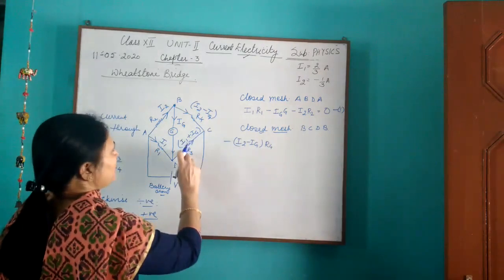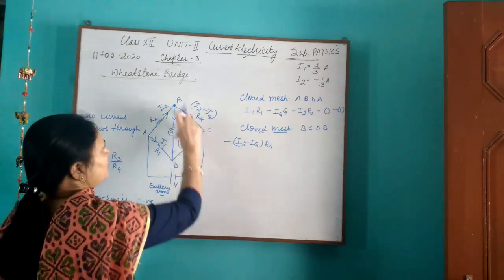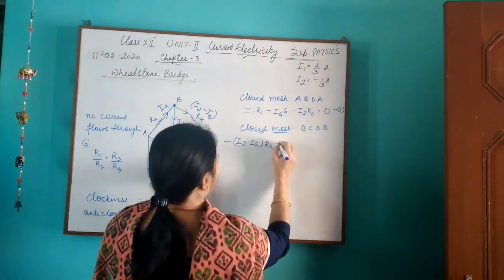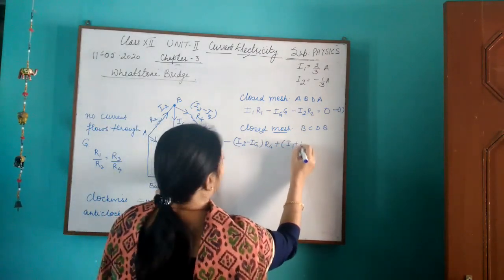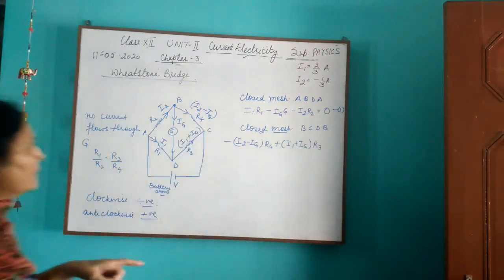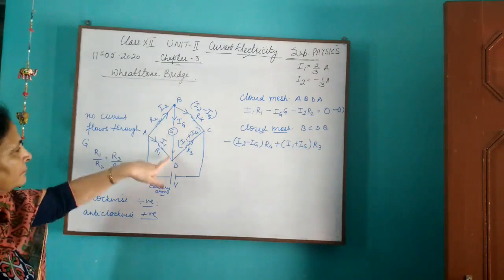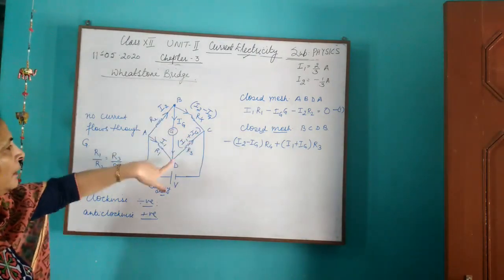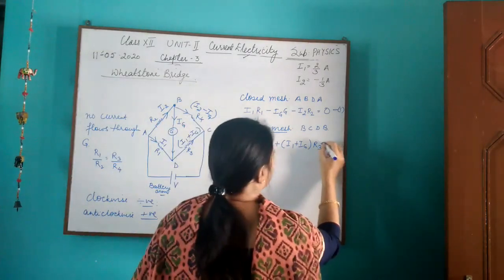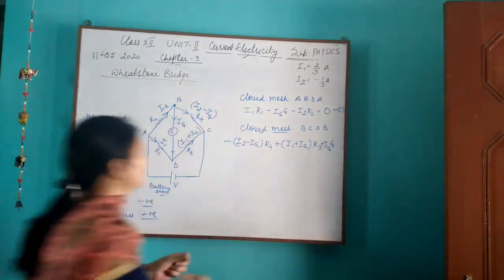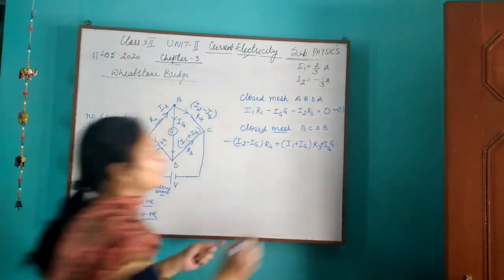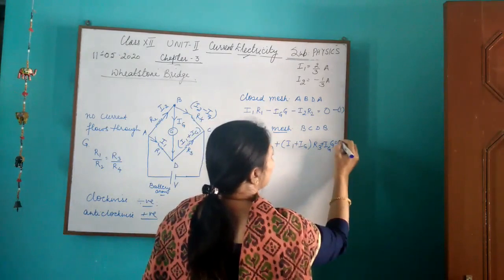Then come to this branch. It is moving anti-clockwise, so it will be positive: plus (I1 plus IG) into R3. Then this again anti-clockwise, so plus IG into G. And again there is no source of potential difference in this branch. This will be equal to 0.